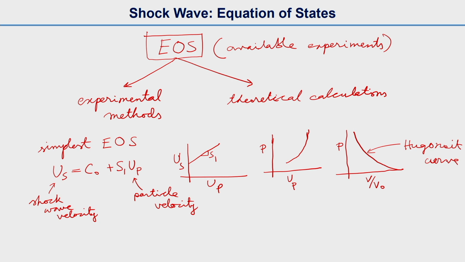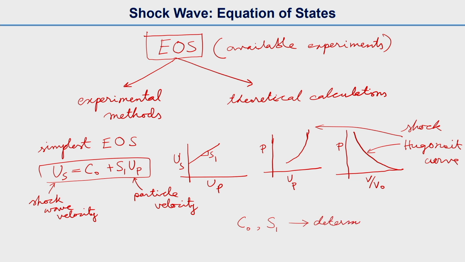This equation of state can be called the shock Hugoniot curve for this particular material. We also discussed that from this simplest form of EOS, if we know the parameters C0 and S1, then we can determine the other shock parameters.